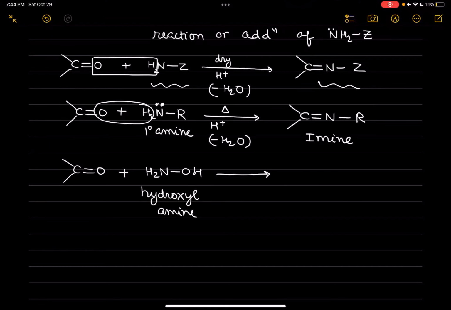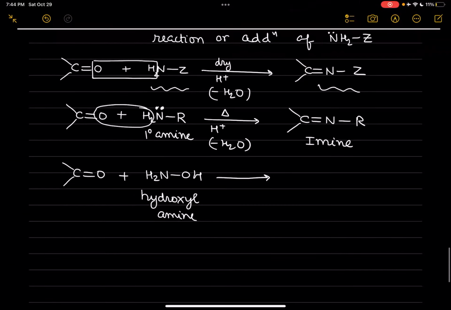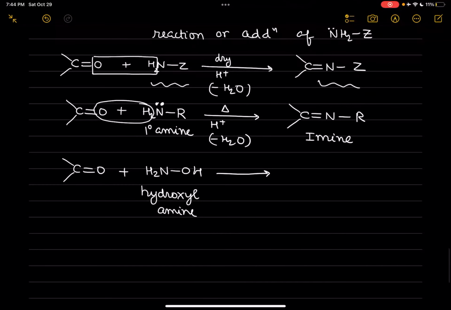Hydroxylamine is NH2OH. And what are you going to get as your final answer? You are going to remove the water. Then you are going to get C double bond NOH. This is known as oxime.